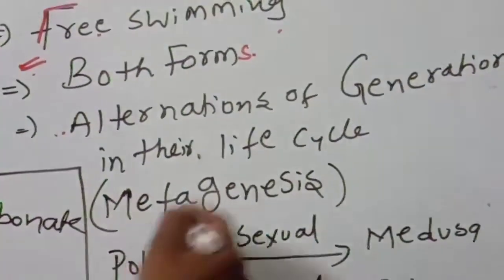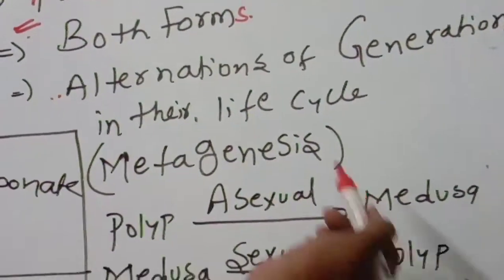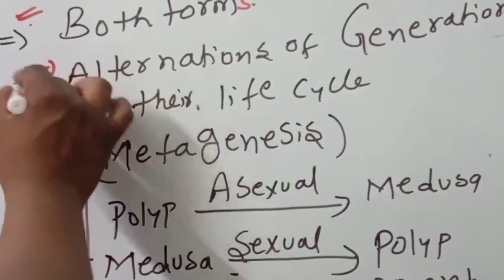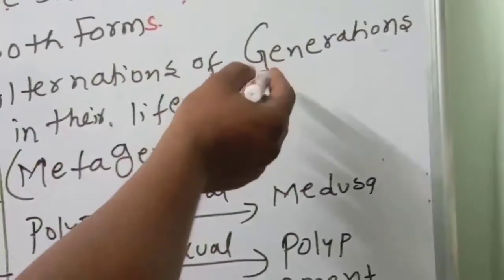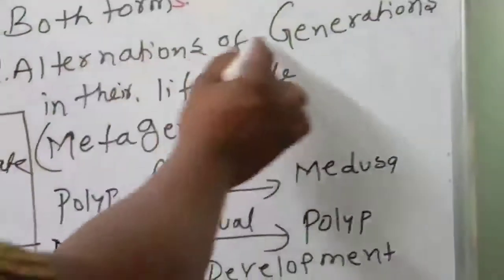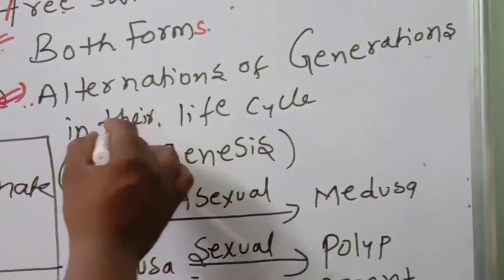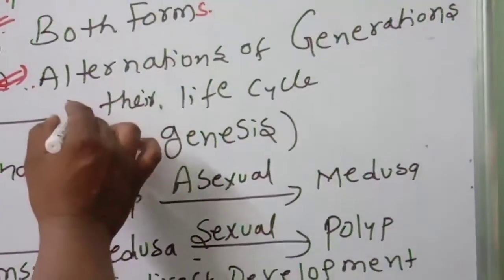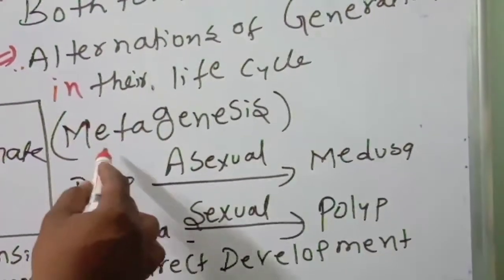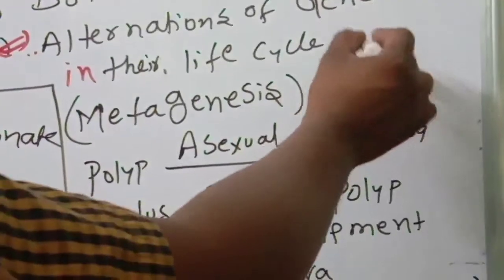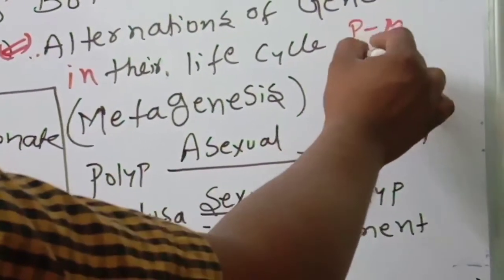Medusa produces the polyp. Like this, in their life cycle we see polyp to medusa, medusa to polyp.